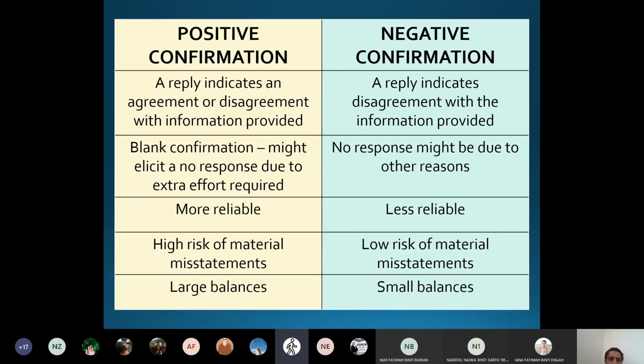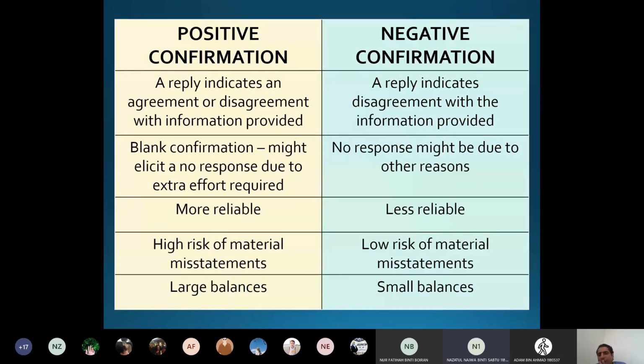Positive confirmation: the reply indicates an agreement or disagreement with the information provided. So in the positive confirmation, we will receive a reply, either agree or disagree. How about negative? A reply indicates disagreement with the information provided.